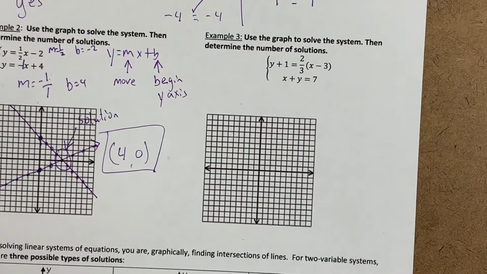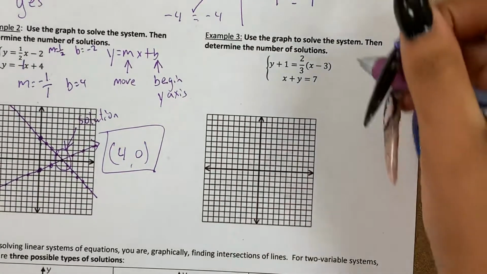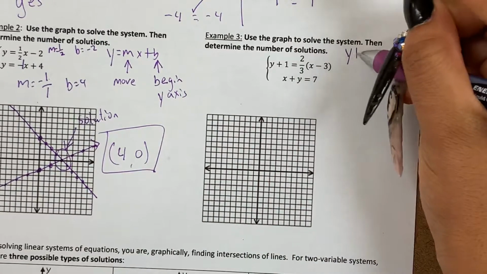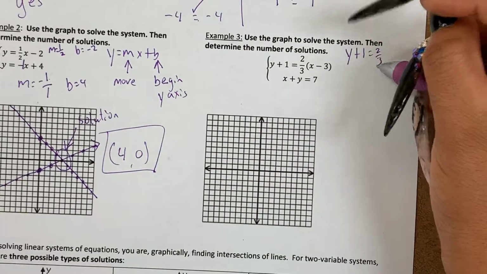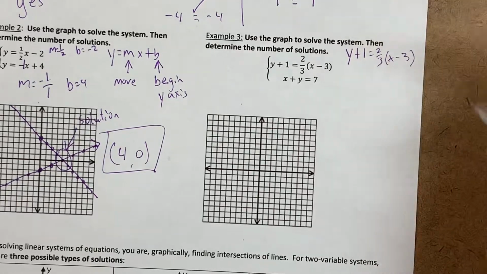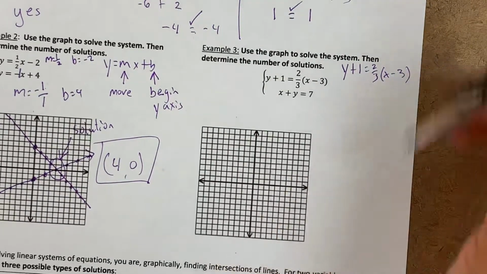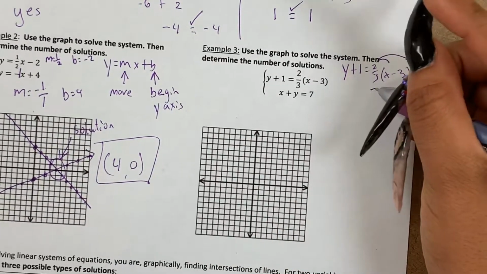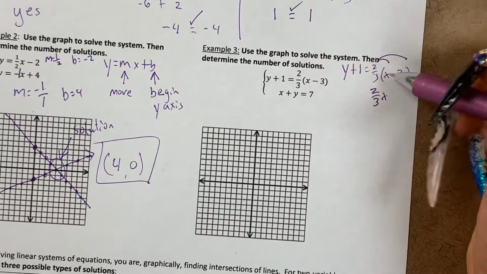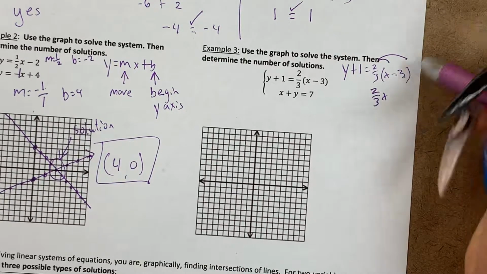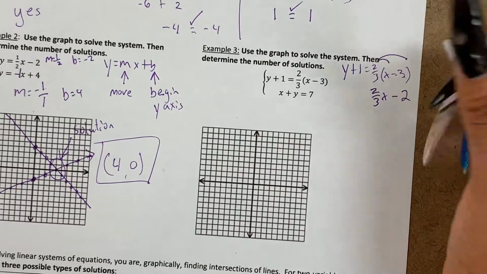Okay, for this one, they are not in slope-intercept form, so we're going to solve for y. So remember how to do this. We have to distribute. 2/3 times negative 3 will be negative 2.